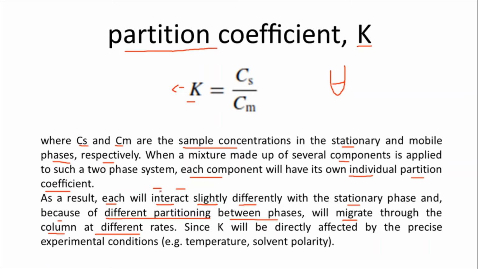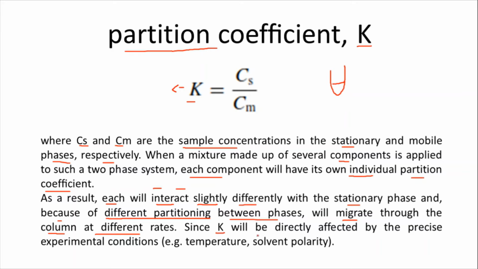Each molecule has an individual solubility and adsorption behavior. According to this behavior, the molecules migrate through the column or stationary phase at different rates. The easily soluble molecules migrate and distribute easily, compared to the sparingly soluble molecules, which show low migration or a low partition coefficient.